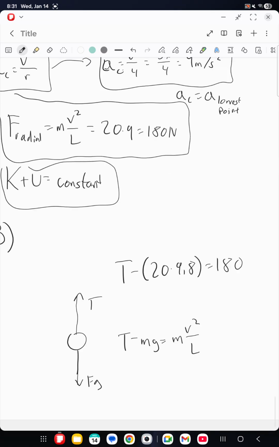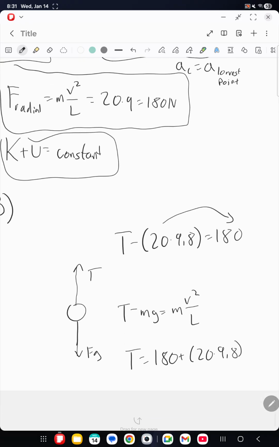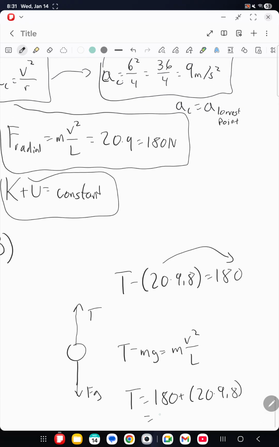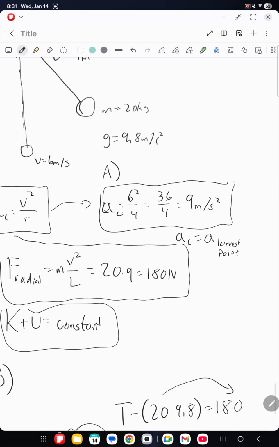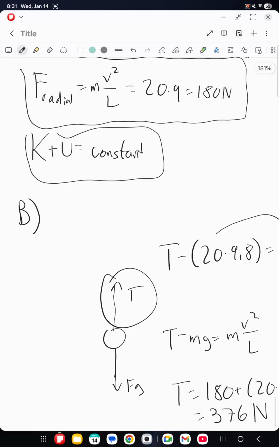And so the tension will be equal to 180 plus 20 times 9.8. And this should give us 376 newtons.